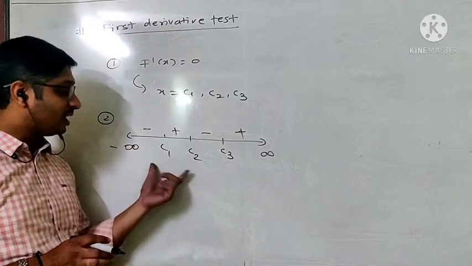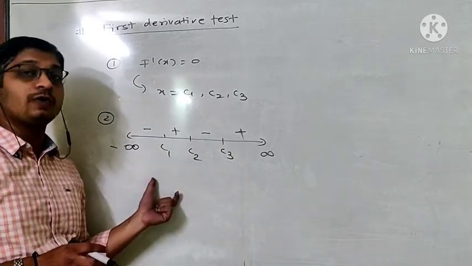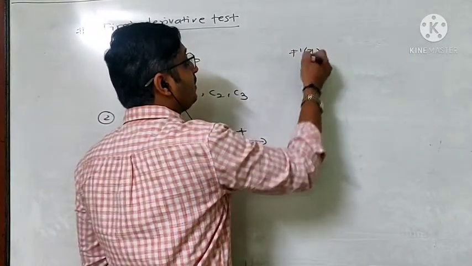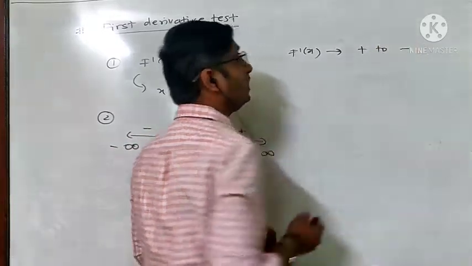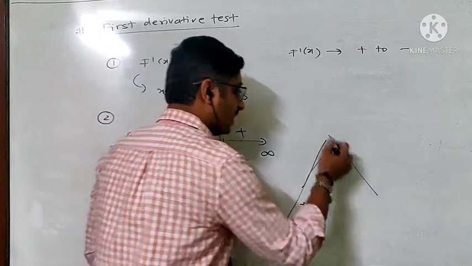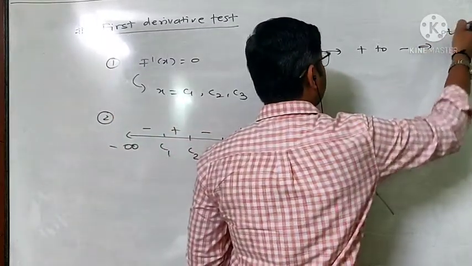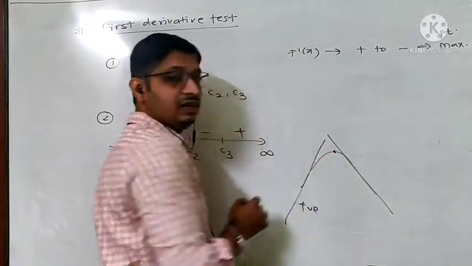Then we can use the previous concept, the increasing decreasing concept. What we have studied is that if my first order derivative changes from positive to negative, this is a positive and this is a negative, that means that point gives me the maximum value in the interval.